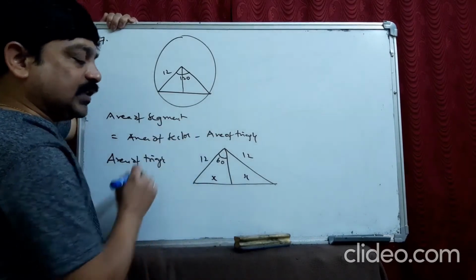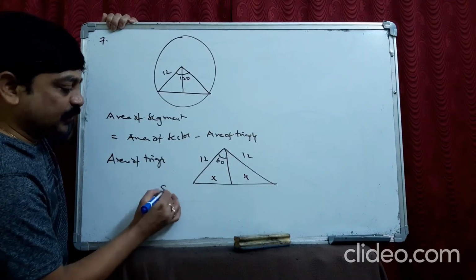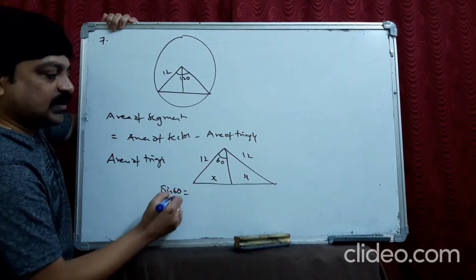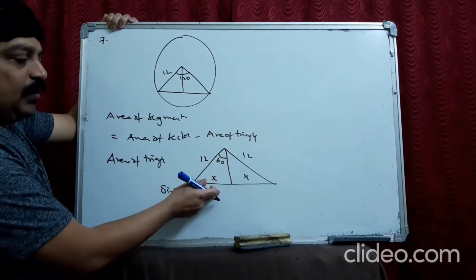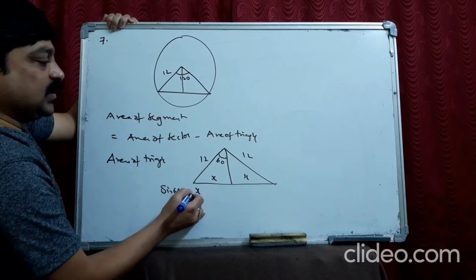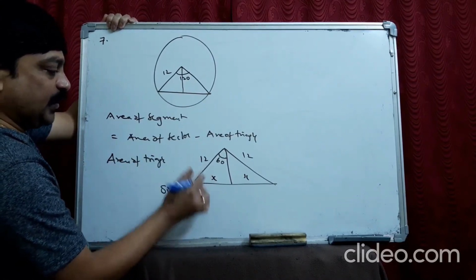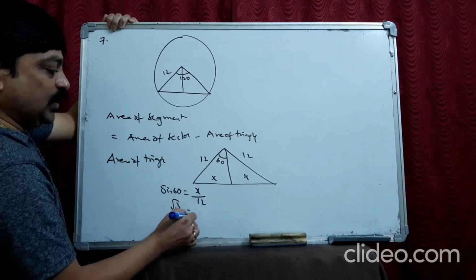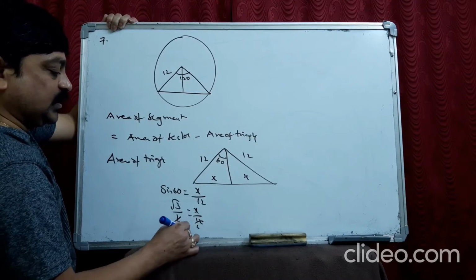If I take opposite side and hypotenuse, sine 60, or you can apply Pythagoras theorem also. Sine 60 equals x by 12, opposite by hypotenuse. Root 3 by 2 equals x by 12. It becomes 6, so x equals 6 root 3.